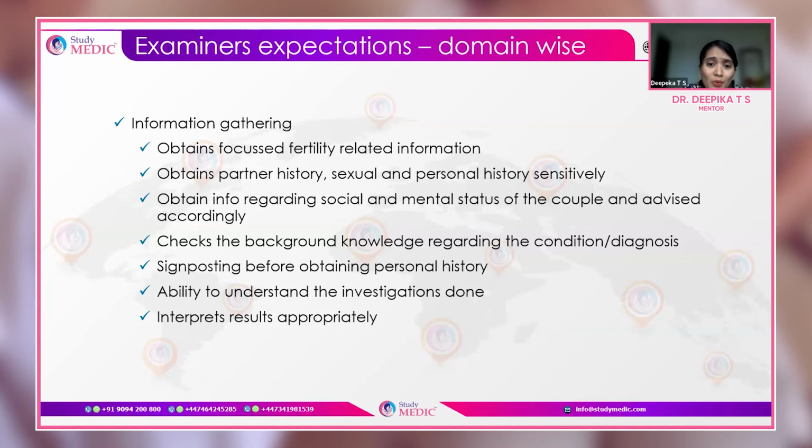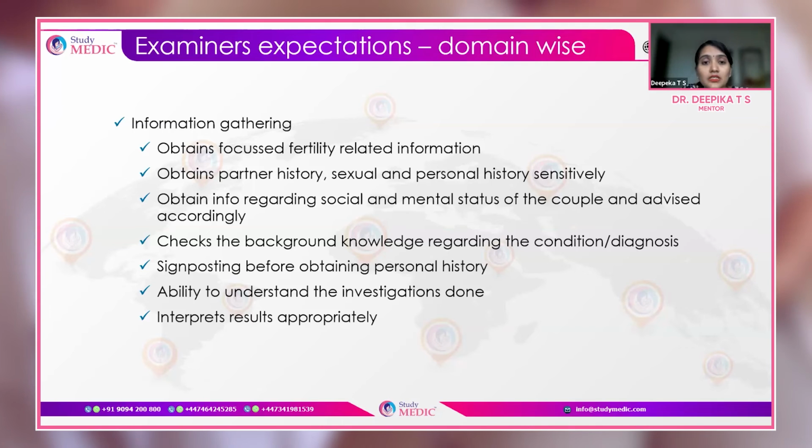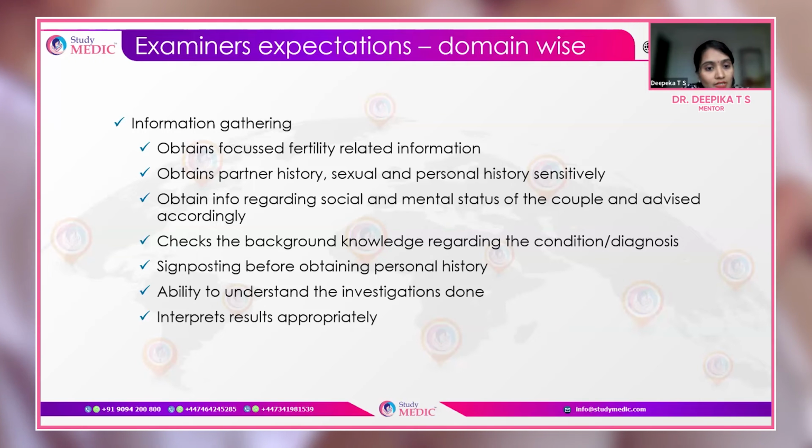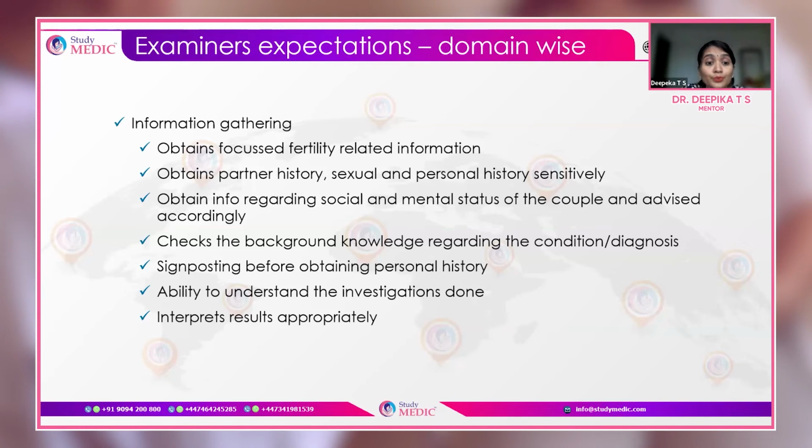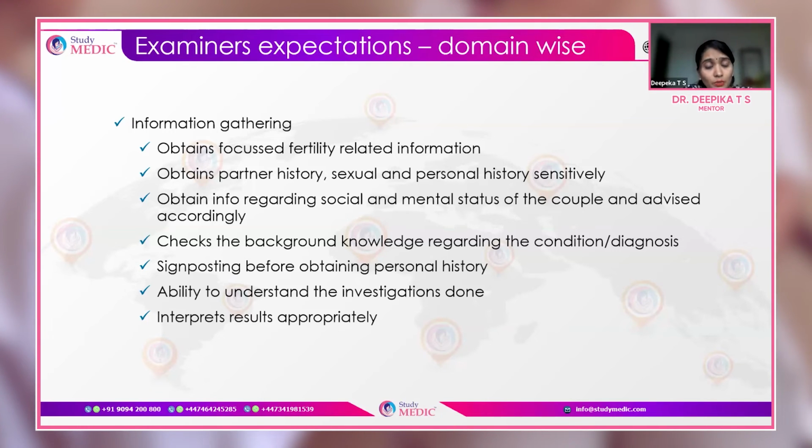If they feel low, depressed, you have to advise psychological counseling. Check the background knowledge. How much do you know about the condition? They would have read on the net, or the previous doctor would have explained. Signpost before obtaining personal history, and the examiner is looking into your ability to understand the investigations, how much you understand from the test reports given, and whether you're interpreting and explaining the results correctly and appropriately.